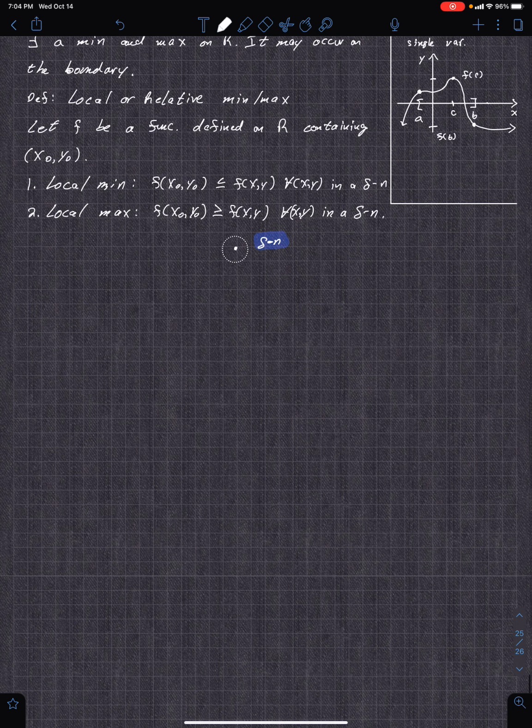So let me draw a little diagram. So we have our surface like this.